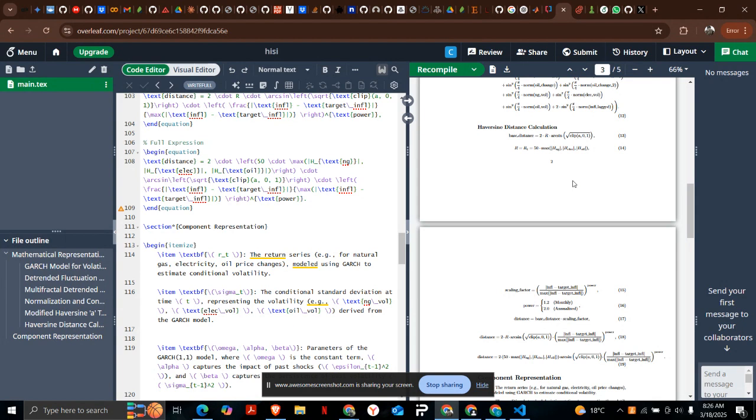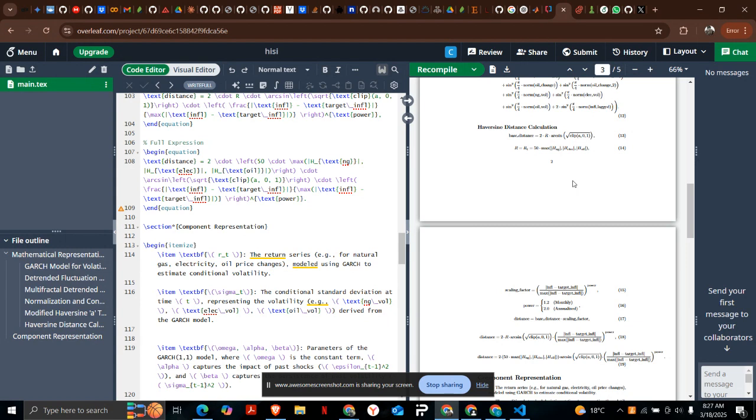But the geodesic distance is the shortest path on a curved surface, so not a flat plane but rather a multidimensional curved manifold. So I'm assuming that conceptually the financial market in this instance is a curved surface, and that's why I'm using it to capture the nonlinear properties of the time series.